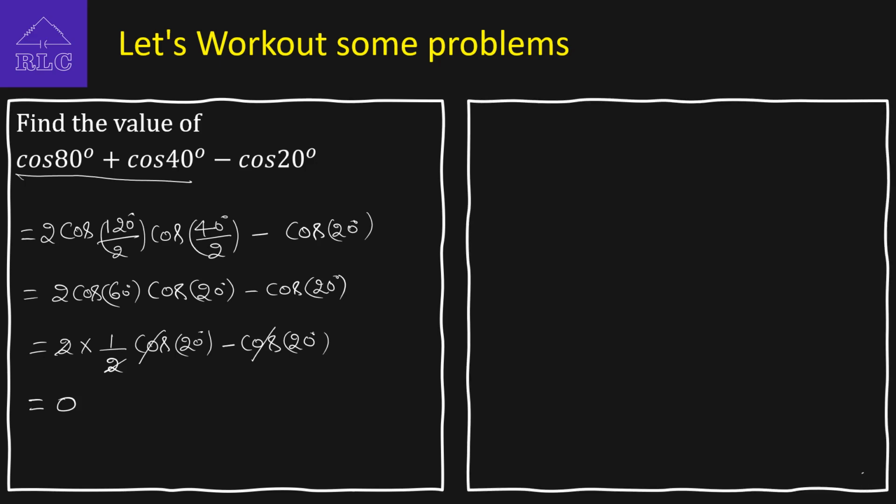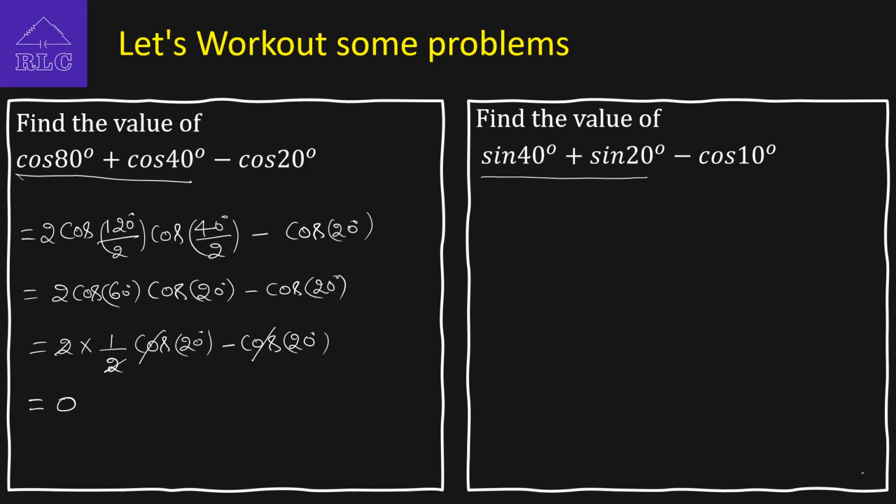In the same way, we will find the value of sin 40 degrees plus sin 20 degrees minus cos 10 degrees. Again we take the first two terms, which is S plus S, resulting in 2SC, 2 sin and cos.